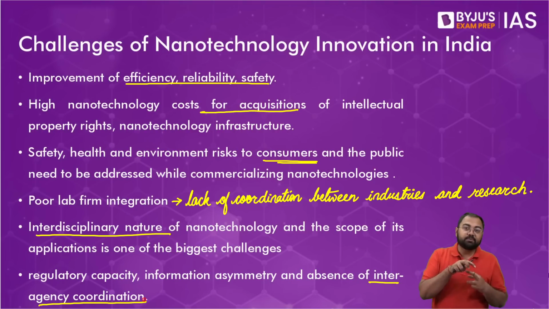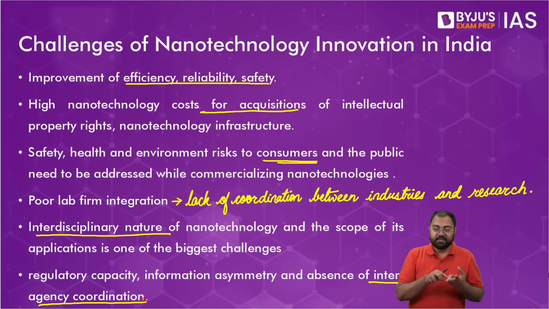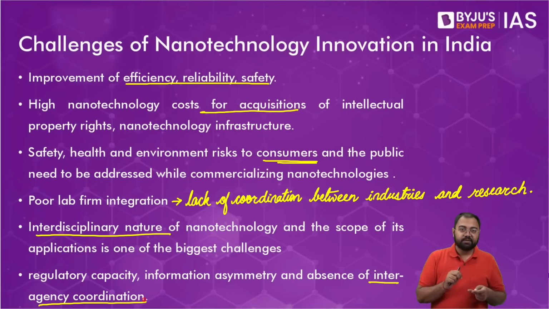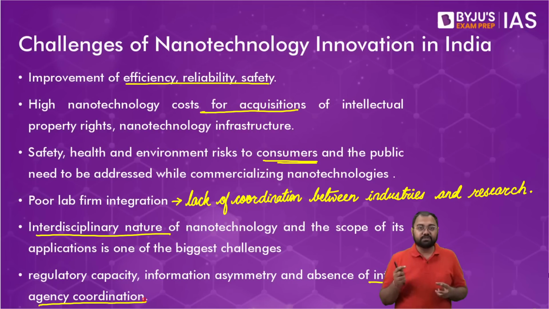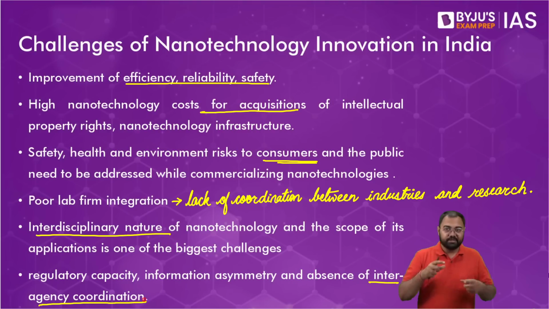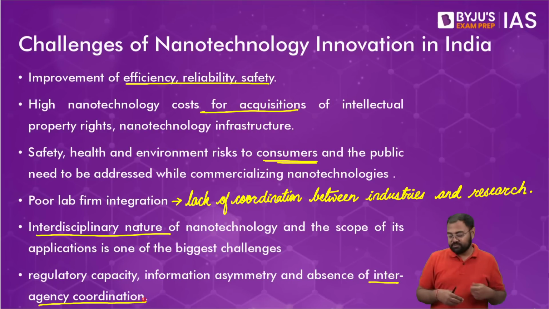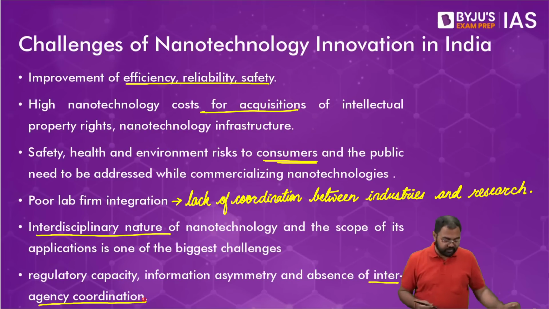Now, sometimes some of the programs that will be taken up by the Ministry of IT and Electronics, they wouldn't coordinate with Ministry of Science and Technology, and vice versa. So that's why there will be a lot of duplication of work. There will be a lot of duplication of funds, etc. So we need to optimize all this also. We need to coordinate better between the various agencies which are related to all these fields. So that also becomes very, very important.